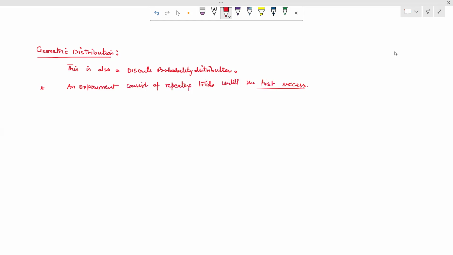It means that we can take an example of a coin. Suppose we are going to toss a coin. Now we need a head. So we toss the coin again and again until we get the head. So head is our success.